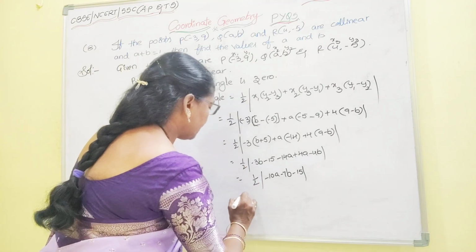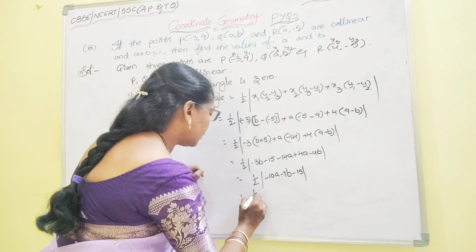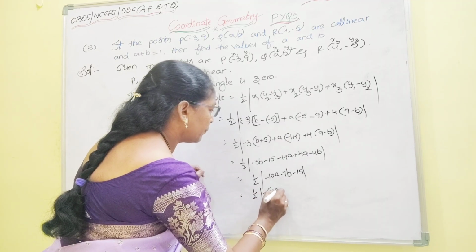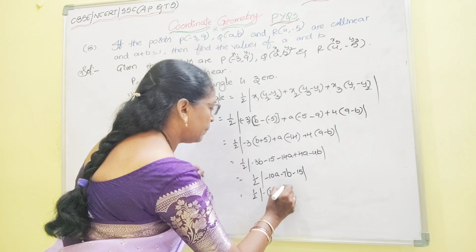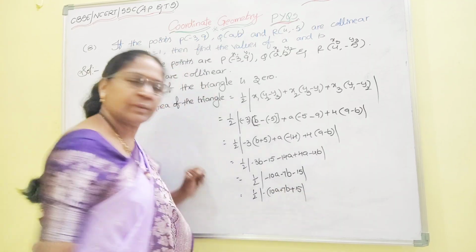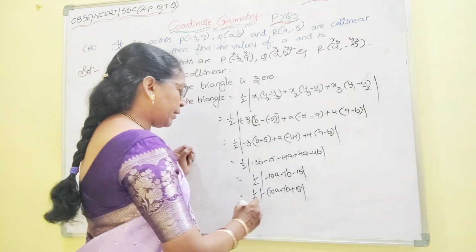If you take minus as common, it is 10a plus 7b plus 15. Modulus means the minus sign need not be considered, divided by 2.